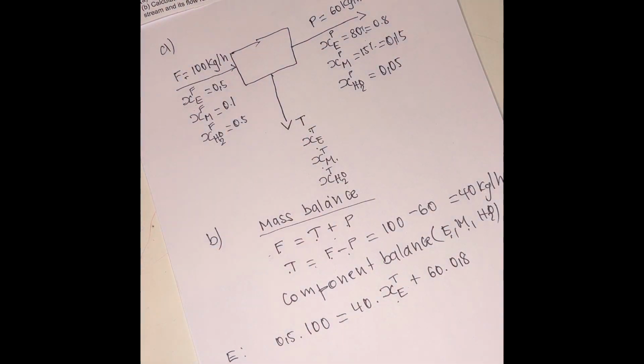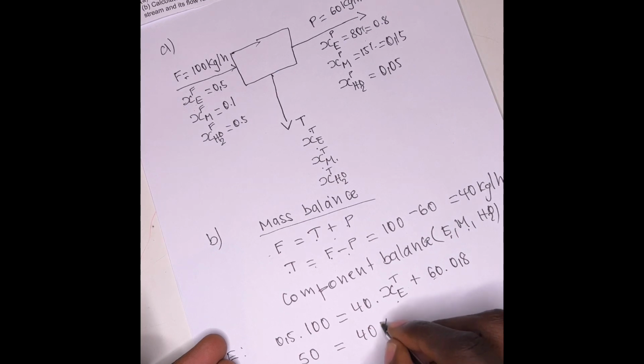So take 0.5 times 100, which is 50. This guy, we take 60 times 0.8, which is 48. So we have 40 XA in T plus 48.